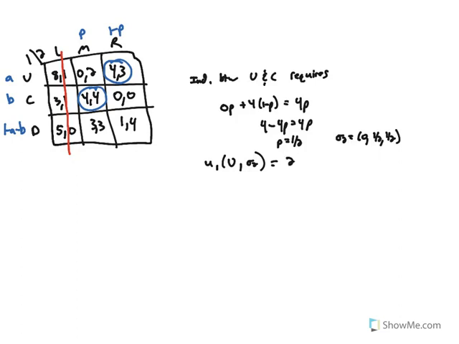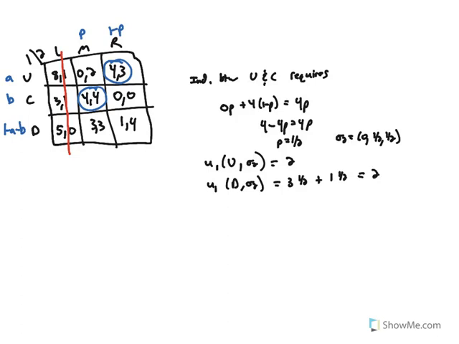That's the expected utility. So what about if I play D? So remember, if the utility of D in that probability distribution is greater than 2, then that destroys U and C being part of any mixed strategy Nash equilibrium. So we have to check. The utility of D, given sigma 2, is equal to 3 times 1/2 plus 1 times 1/2. And lo and behold, in this case, it's equal to 2.